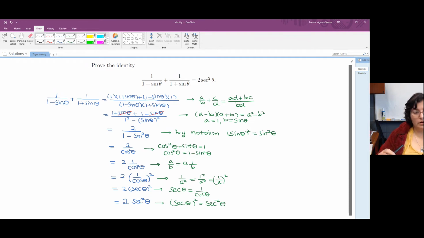Notice that we write the square on the function, not on theta, so theta doesn't get affected. And that's the solution to this problem. We went from the left-hand side, the more complex side of the equation, to the least complex side of the equation. So the most complex to the least complex. That's how we usually go, through algebra and through trig identities.